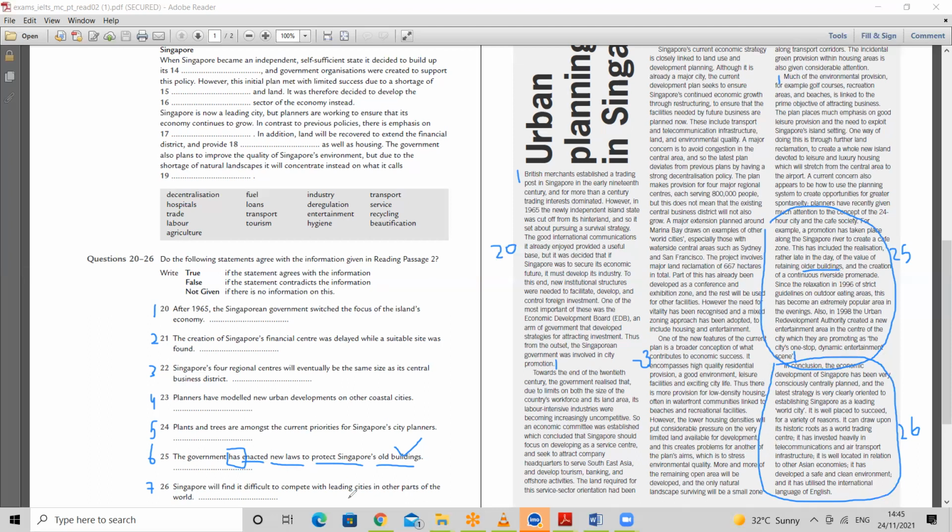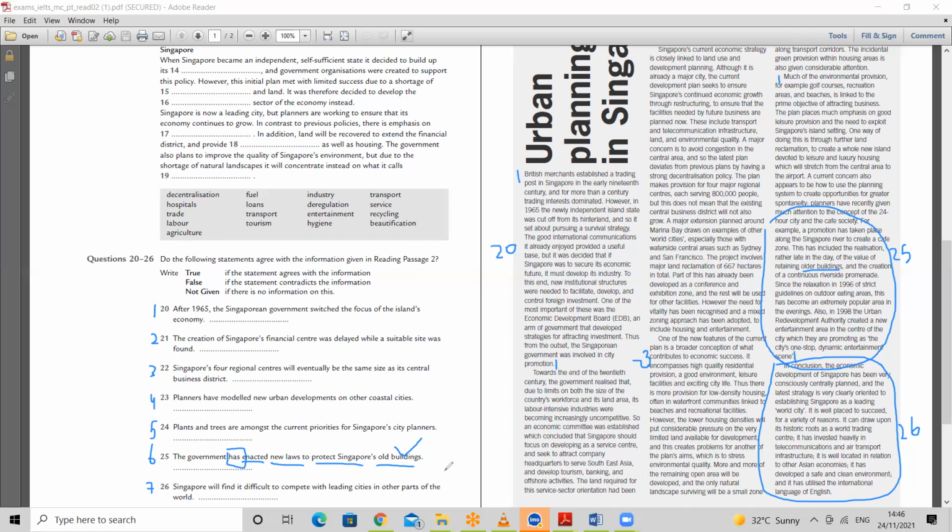It will not be easy for them to compete with other leading cities in other parts of the world. Converting the statement into a question, I might make it like, will Singapore find it difficult to compete with leading cities in other parts of the world? So will it be difficult for Singapore?